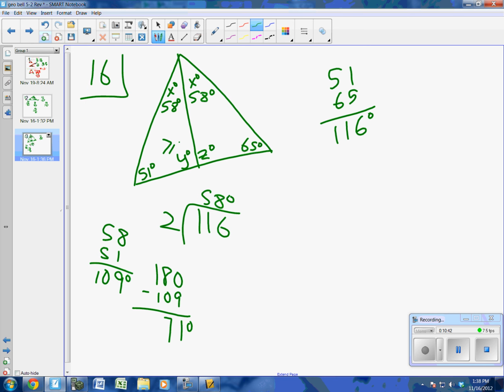So this is 71 degrees. Since this is a straight line, could we go 180 minus 71 and get 109? So this one's 109, right there.